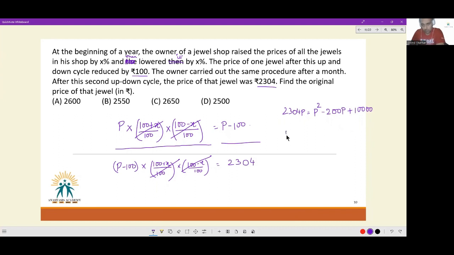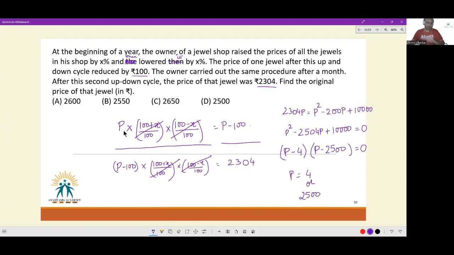This is what we'll get, or P square minus 2504P plus 10,000 is equal to 0. Using middle term splitting, you will get P minus 4 into P minus 2500 is equal to 0. So P is equal to 4 or 2500.